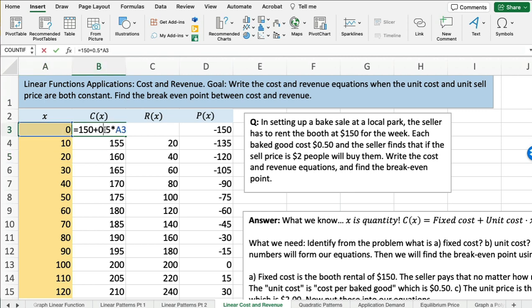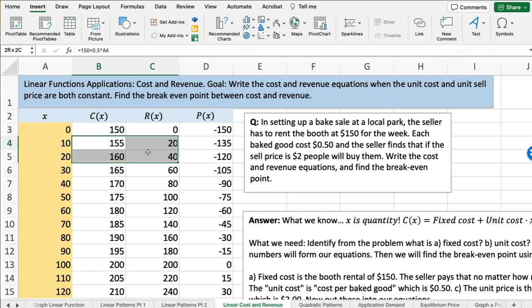So capital C of X is our column B. You can see that I typed the formula there, equals 150 plus 0.50, but Excel just shortens that to 0.5, times our X, which is in cell A3. So anytime you see an A3, that's really your X. That's our cost formula, and that went into cell B3.